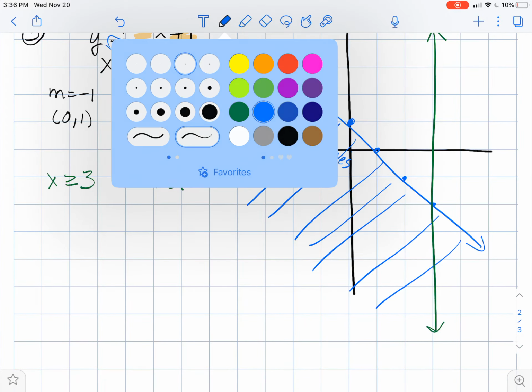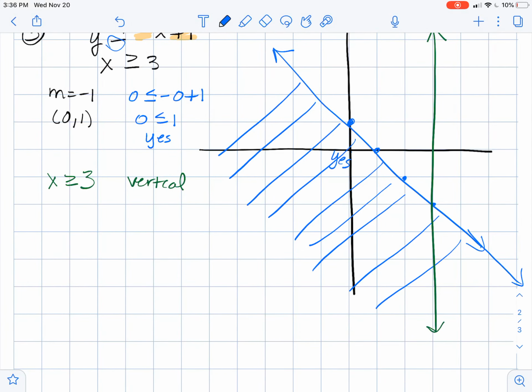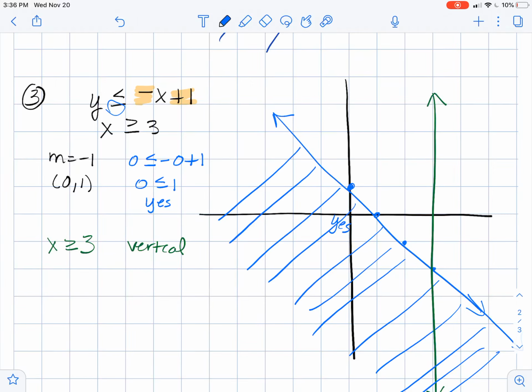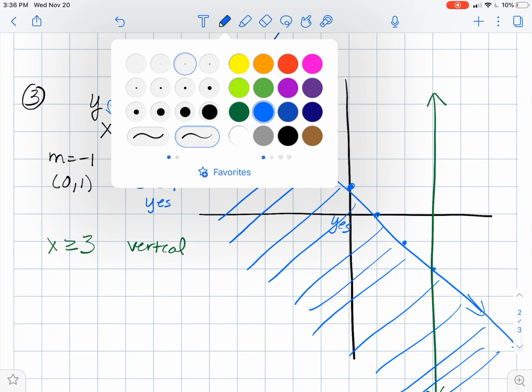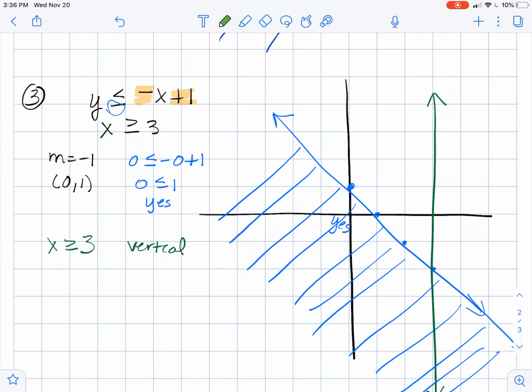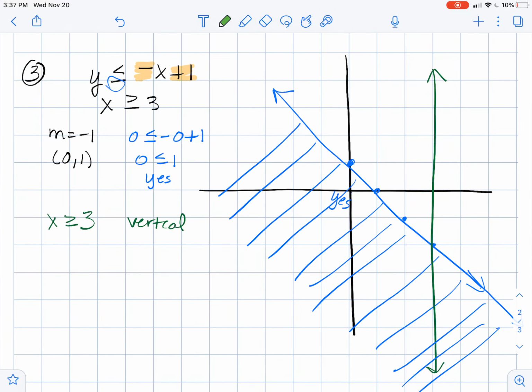So I'm just going to real quickly extend this one on out, just a minute. So we see it, okay. And then I'm going to test 0, 0. But, well, sorry about that. It's a vertical line, so I don't need to test 0, 0. I can just go ahead and go to the greater than sign, okay?